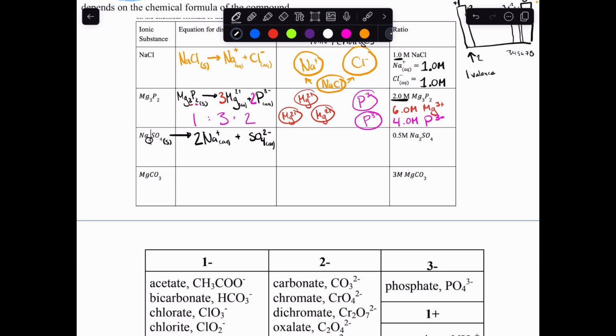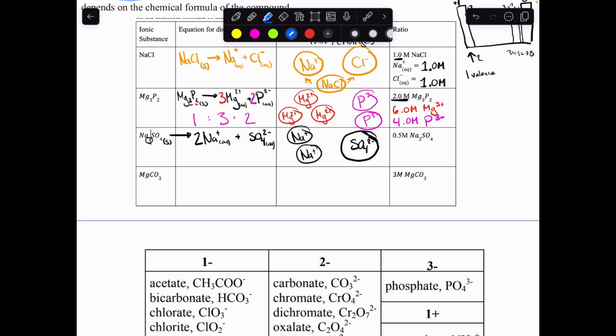Now for simplicity, when we show the molecular view, we need to have 2 Na's. But then we're just going to show the SO4 2- as one big thing. We're not going to draw it as separate little things connected. We don't need to be that detailed because it really is going to stay as a group. So that's how we're going to treat it.